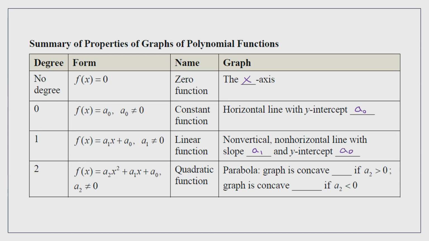This is also the same format as the slope-intercept form. Now, if you have a degree of 2, all right, this would be considered a quadratic function. Okay? Graphically, it is called a parabola, where the graph is concave up if a sub 2 is greater than 0, and the graph is concave down if a sub 2 is less than 0.